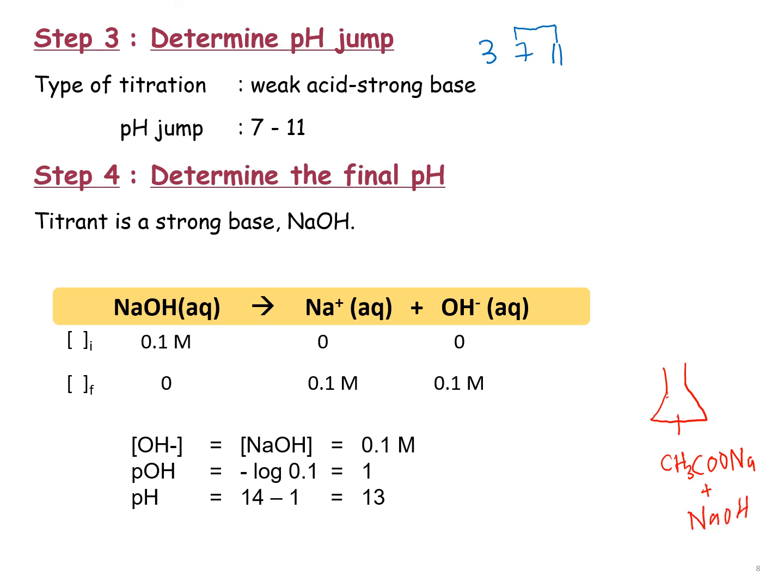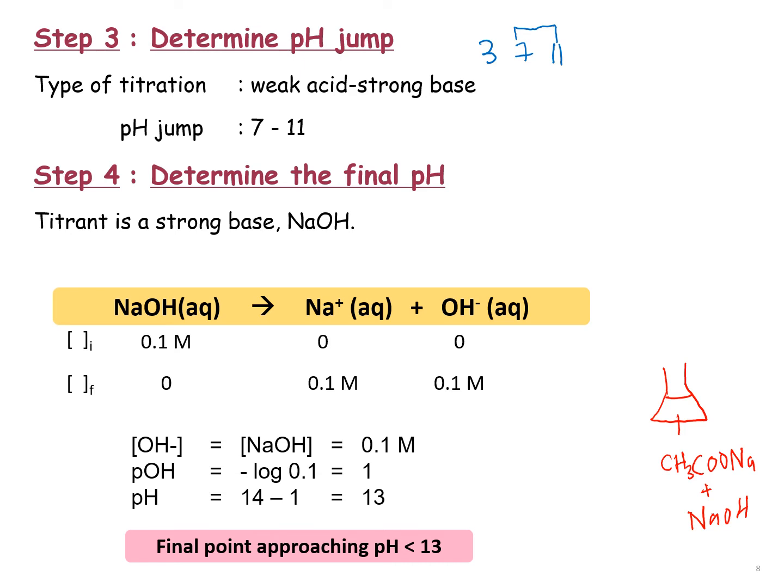So at this point, bila kita stop kita punya titration, kita berhenti masukkan sodium hydroxide, the one that we have inside the conical flask adalah mixture of our basic salt with sodium hydroxide. So sebab tu pH will never be exactly 13. It's just approaching 13. Okay, so kita dah ada keempat-empat maklumat yang kita perlukan.